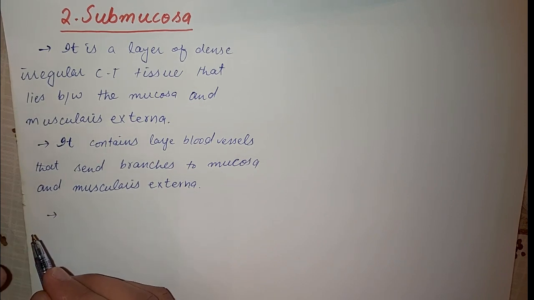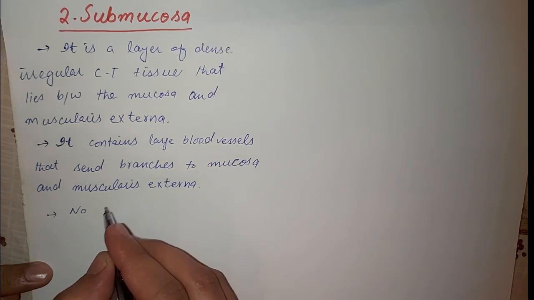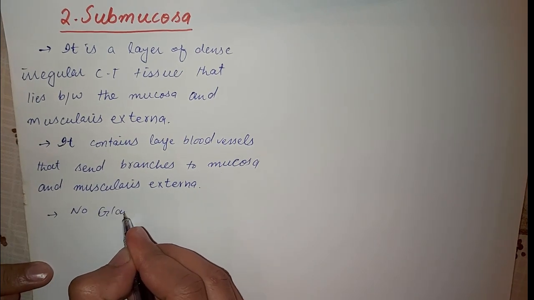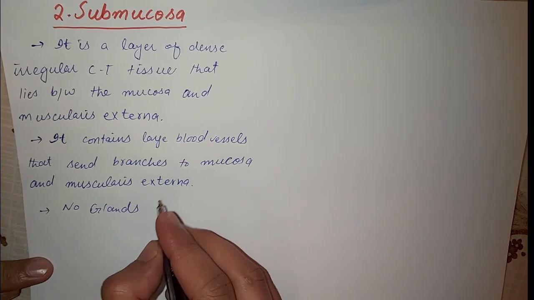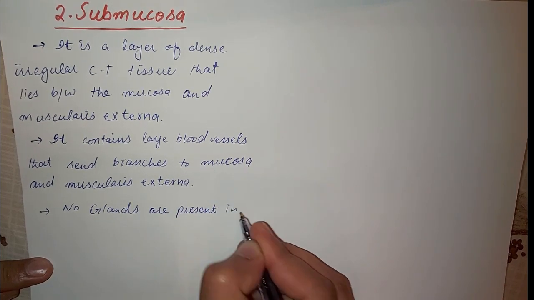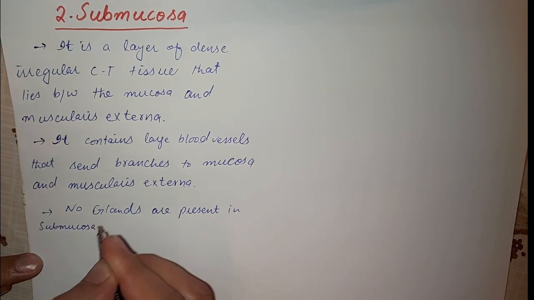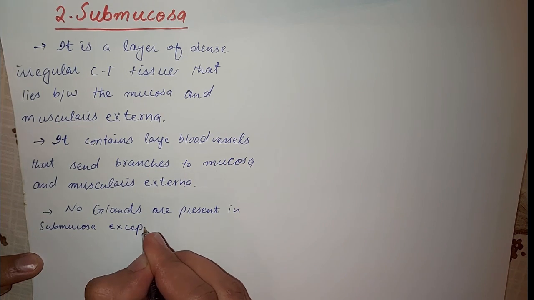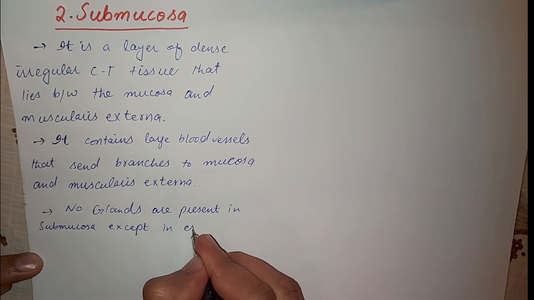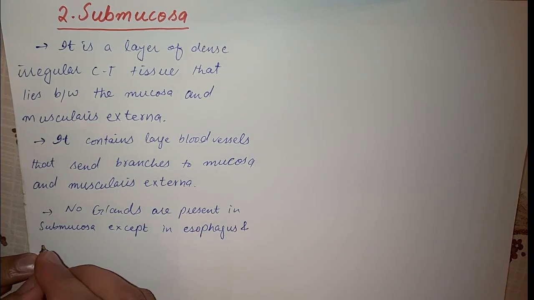And the next point is that no glands are present in the submucosa, except in the esophagus and duodenum.